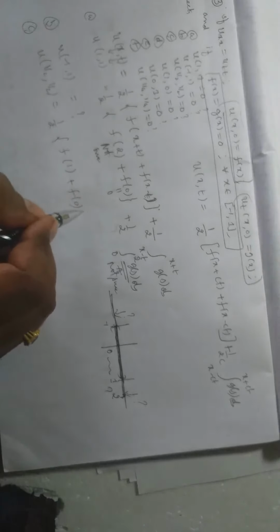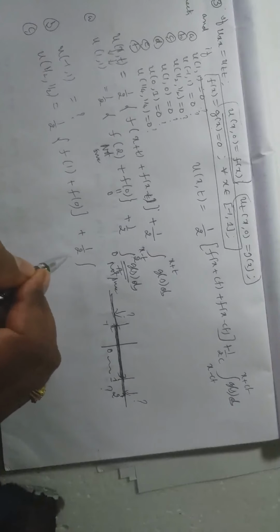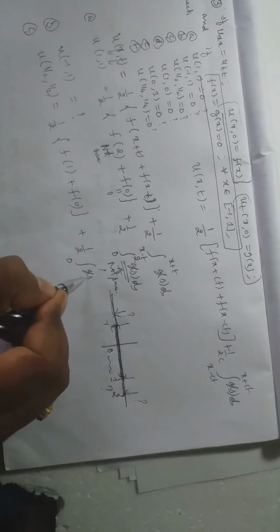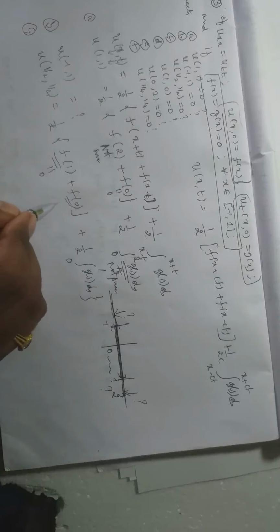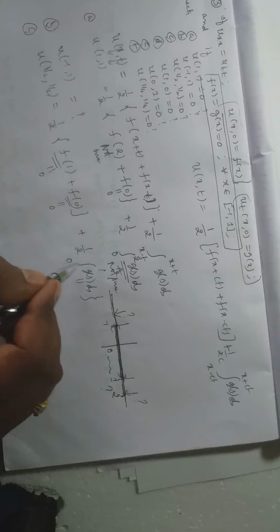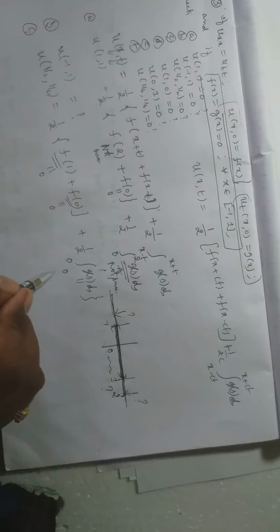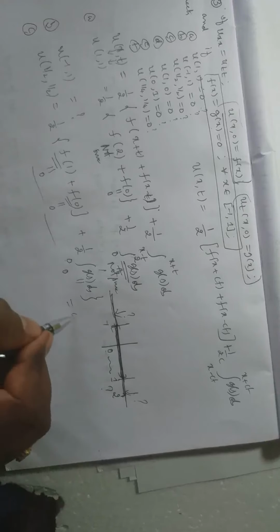So it is half f of 1 plus f of 0 plus half integral 0 to 1 g of s ds. f of 1 already we know is 0, f of 0 is also 0, g of s within the interval 0 to 1 is also 0. So everything is 0, so that is 0. Similarly you check for this, this and this. For this you will get 0, for this you will get 0, for this also you will get 0. Kindly check those things.